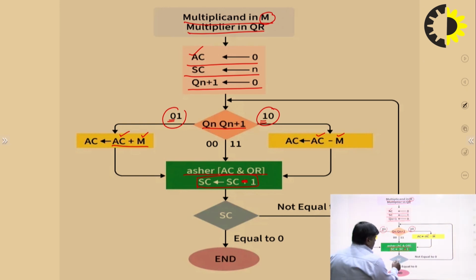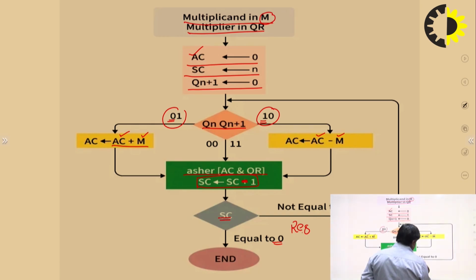After that, we check SC. If SC is equal to 0, then end the process, and the result is in AC and QR.